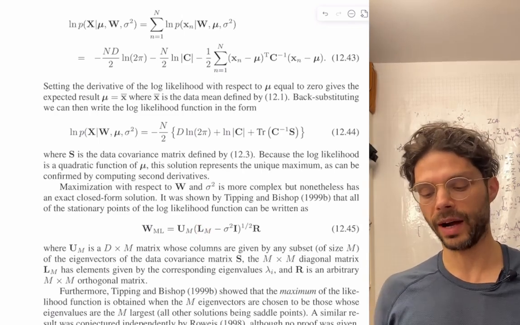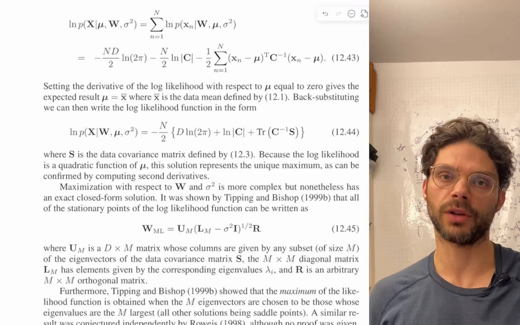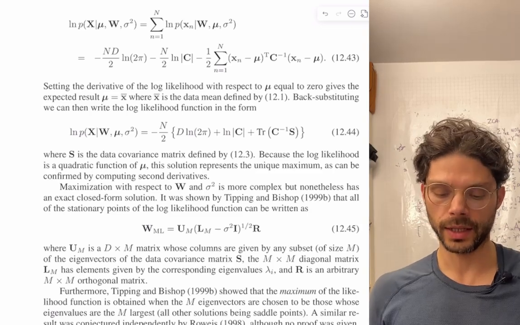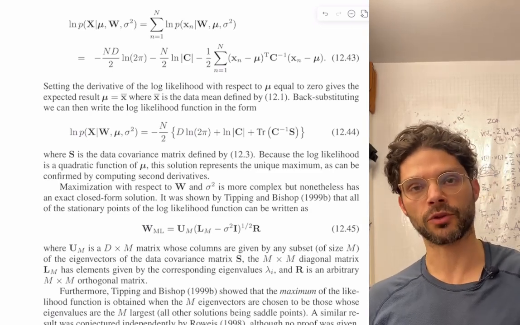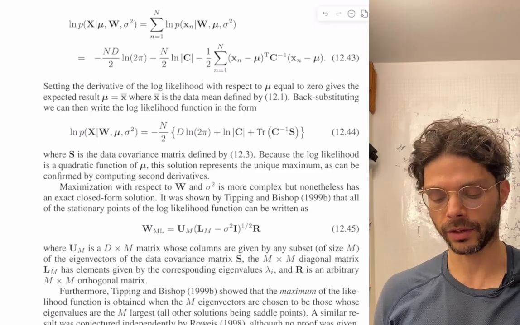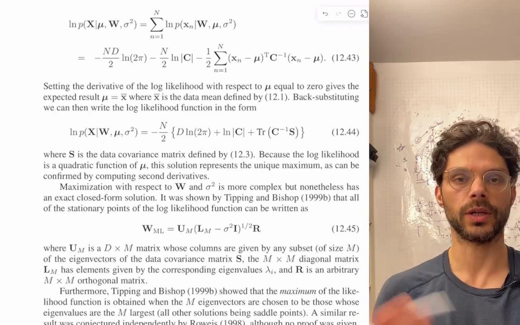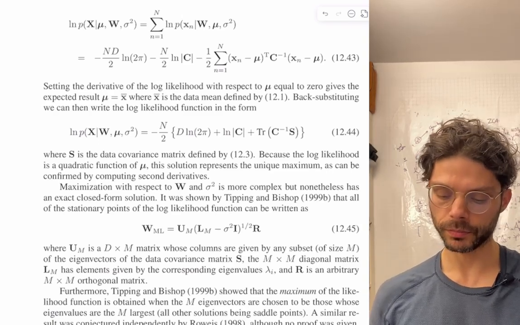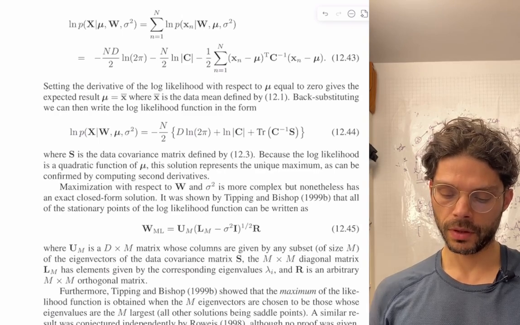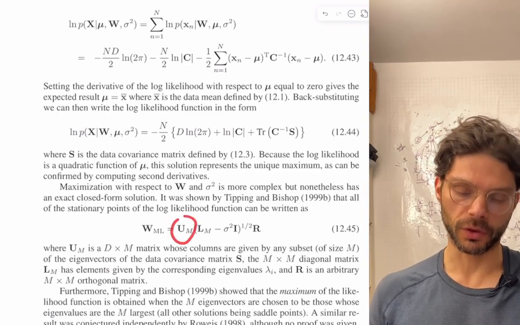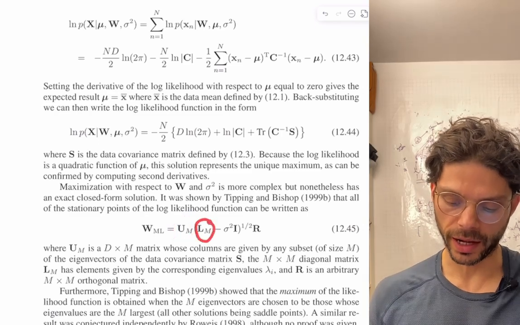So that's the one you're after, and it makes intuitive sense based on our discussion before that you essentially want to capture the top m eigenvectors. In my blog post, I cover at least why that's actually the maximum. Right, so you've got those eigenvectors there. You've got the corresponding eigenvalues here.